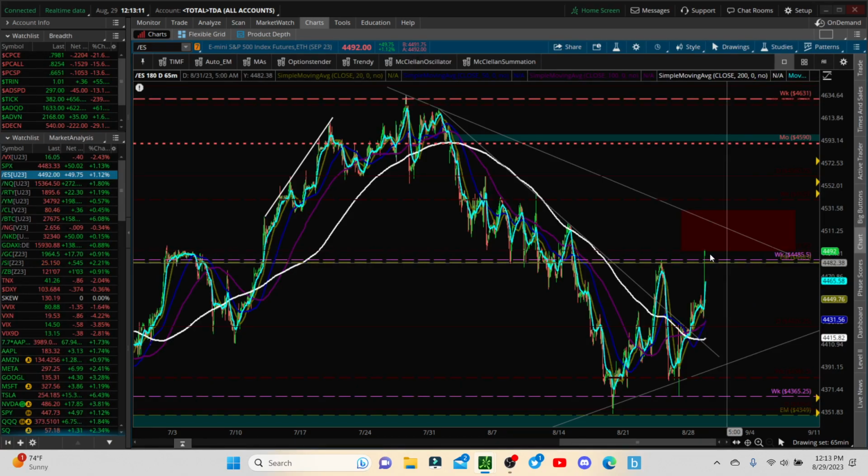So as we go further, I will start adding on shorts from QQQ, SPY, and start scaling into those, going into these resistance areas up here, but with a little less time on the expiration. So that's our strategy going forward. We're reversing some of our trades.